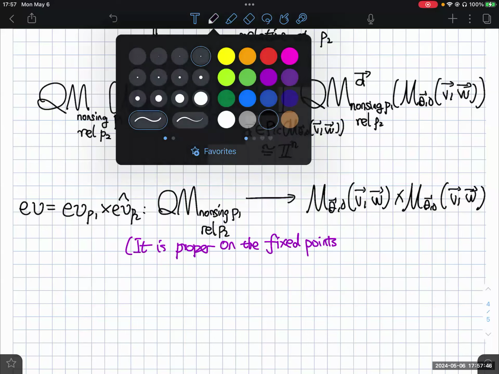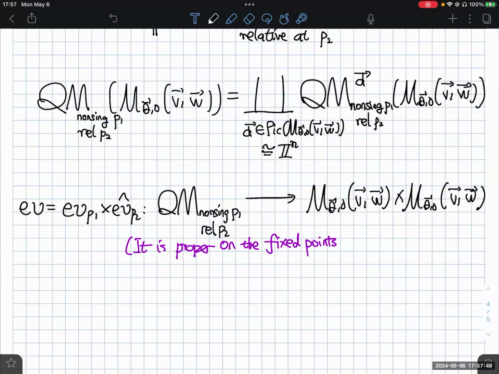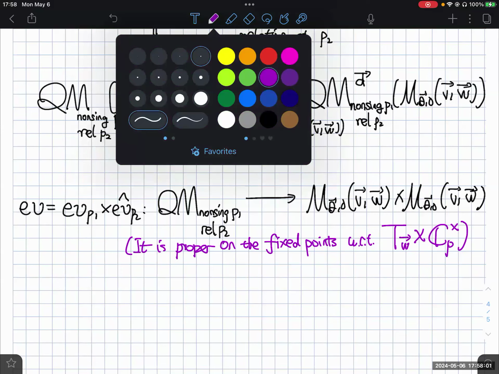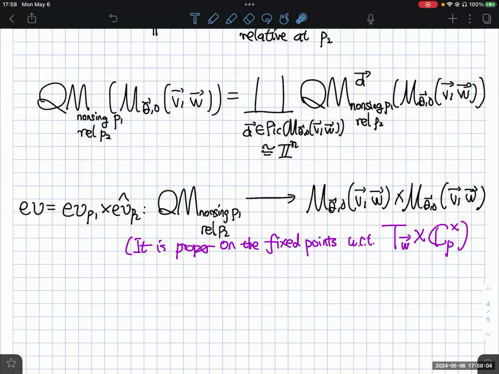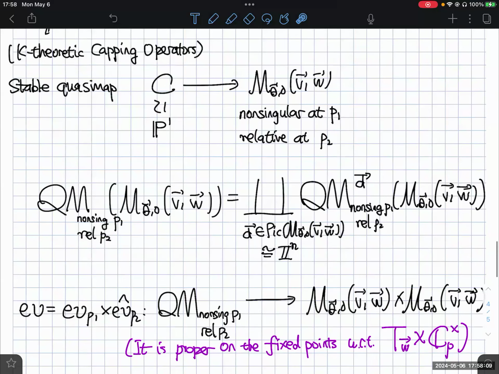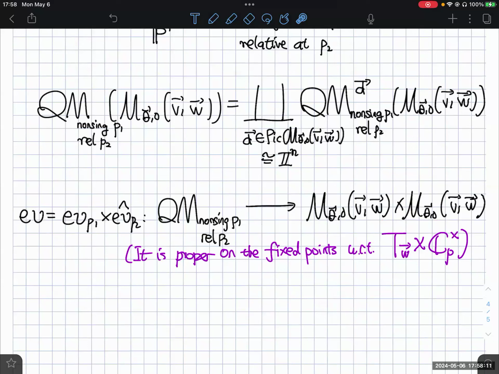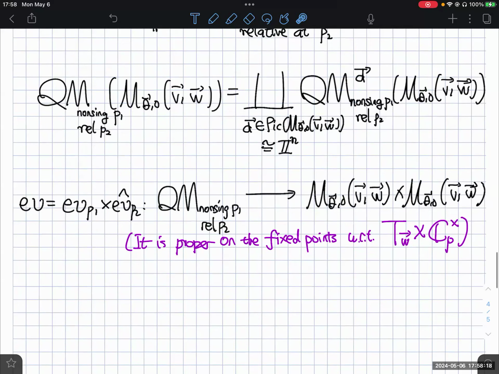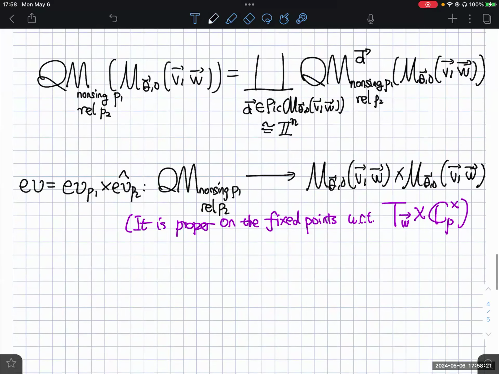In this case, the torus is the first torus, and another torus, C star. This C star is the torus action naturally induced by the automorphism of P1. Combining these two torus actions, we can take the fixed points with respect to this torus over this map.